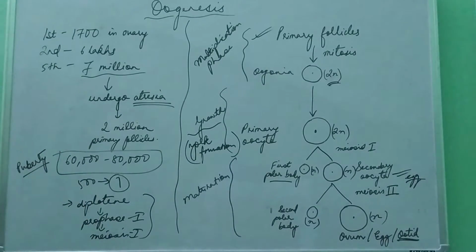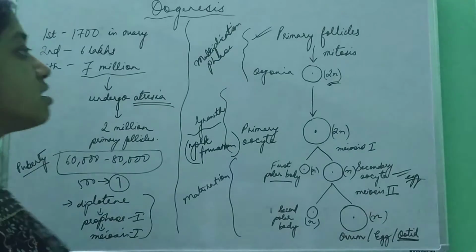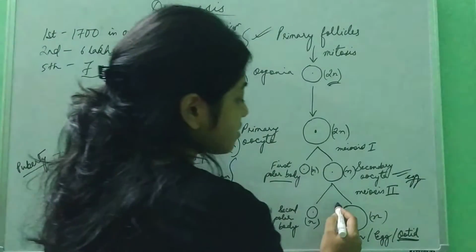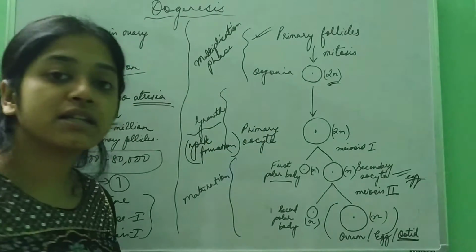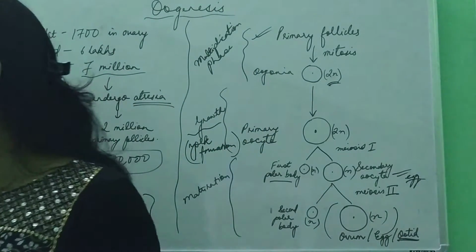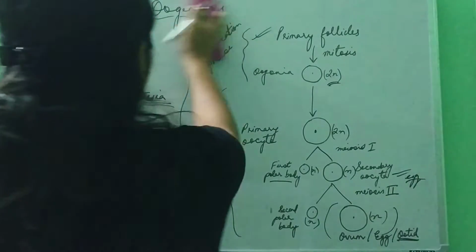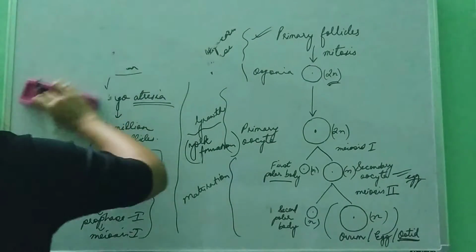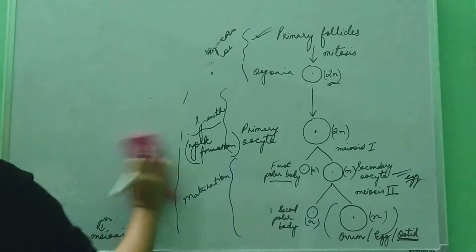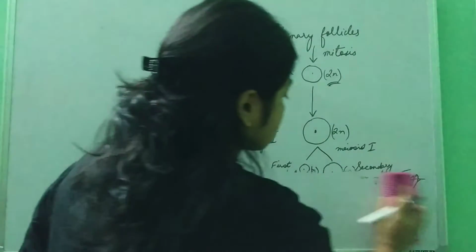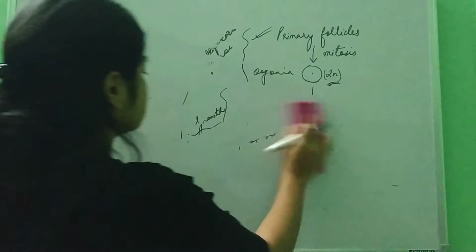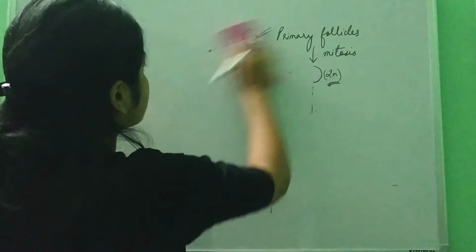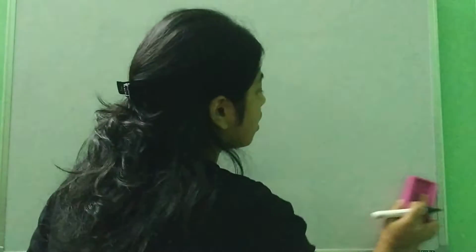So this is oogenesis. After this, we have to see the ovum structure in detail, the structure of the human egg. The egg has various membranes surrounding it, which is important because the sperm has to enter the egg.